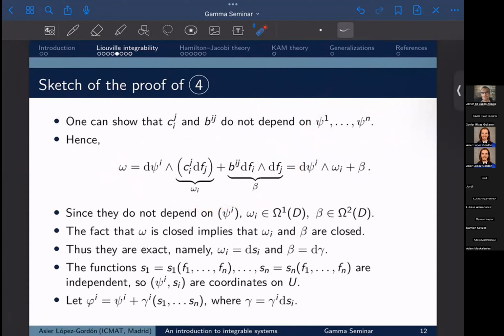Now we use this notation. I will call this one-form omega I and this two-form beta. As I said, these do not depend on the coordinate psi.